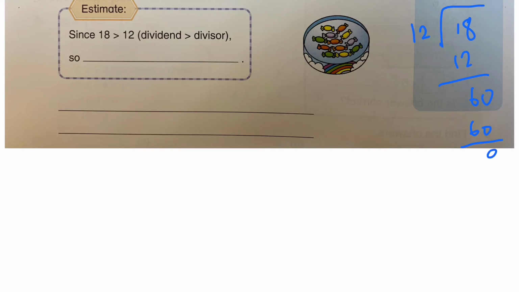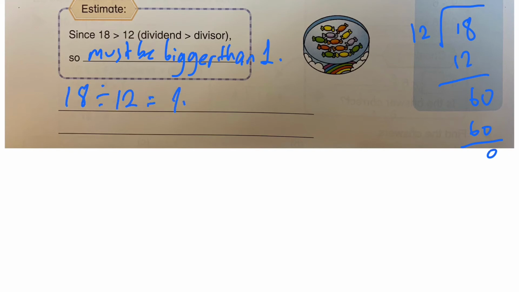So the answer must be bigger than 1, and 18 divided by 12 equals 1.5. So 1 sweet is $1.5.